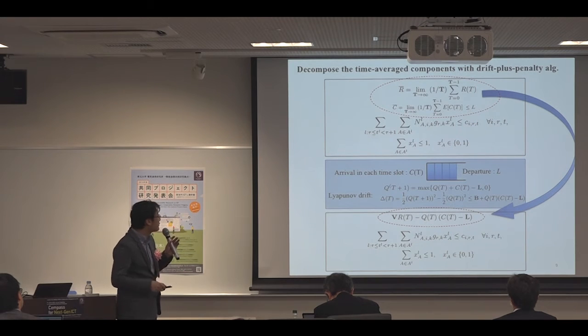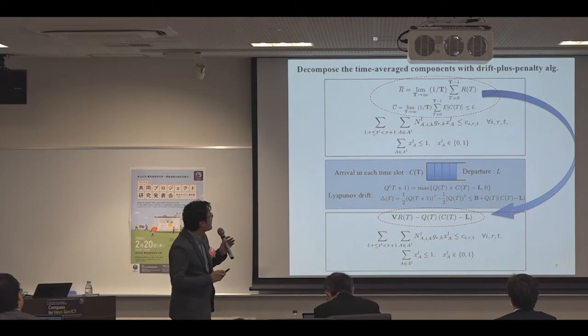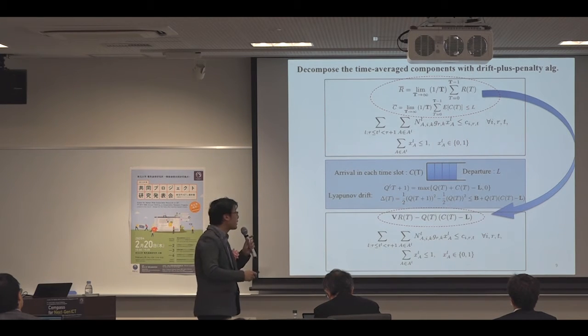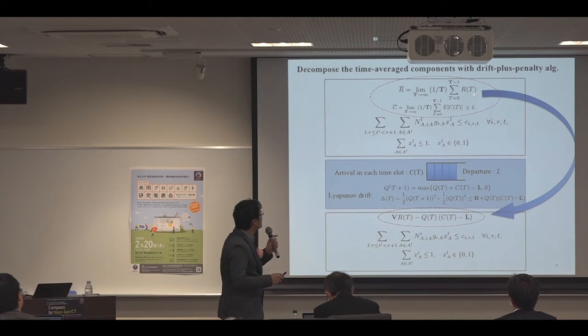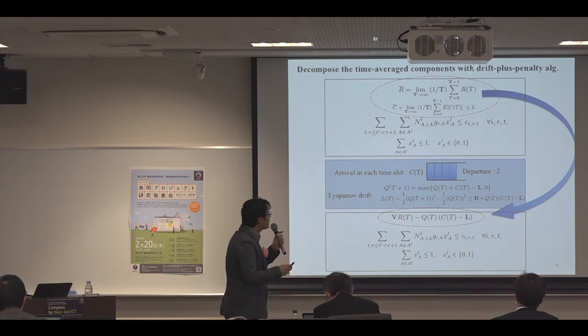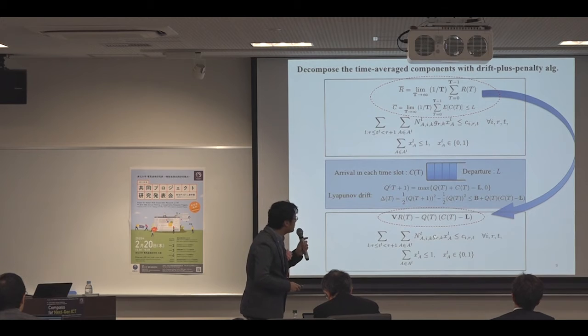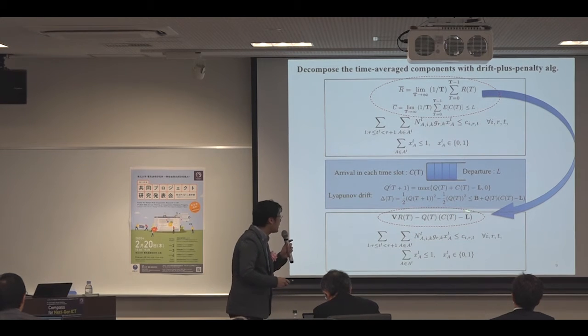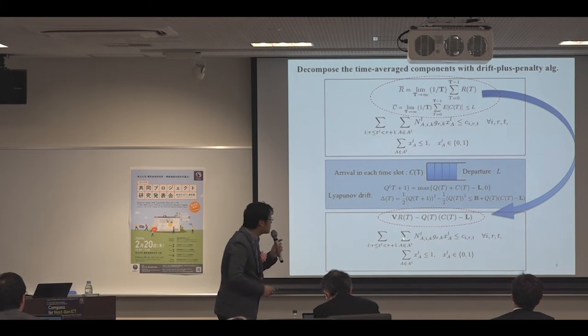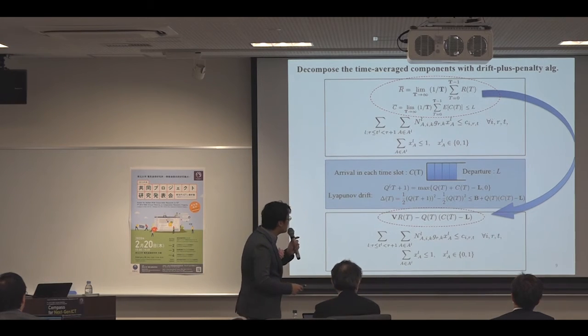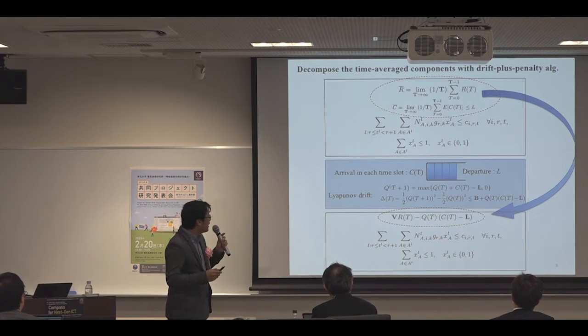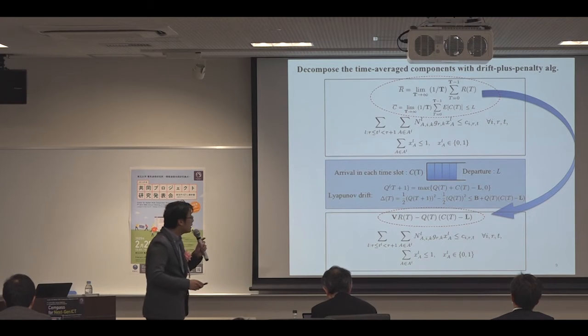With the help of the Lyapunov drift, this decoupling problem becomes simple. We just put the one-slot objective RT and the one other term of the queue, sum the two terms together, and now we get a new problem.